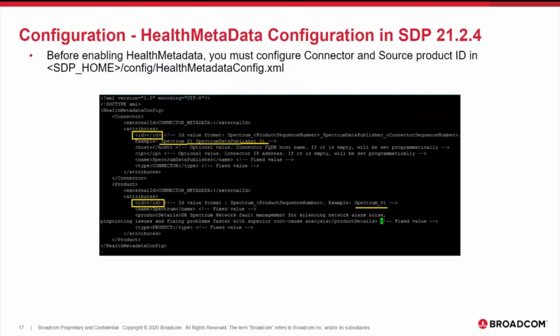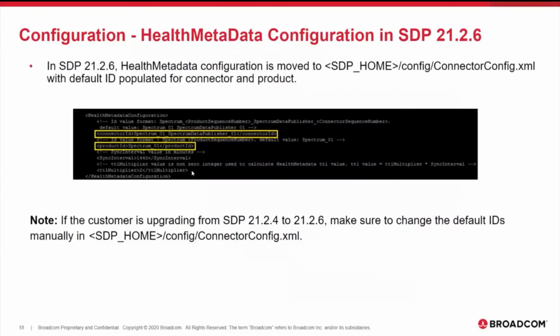To simplify and make it a single file configuration, this ID configuration is moved to connector config.xml in Spectrum Data Publisher 21.2.6. As you can see here, the connector ID and product ID are pre-populated with default values. The user can change them as they wish.